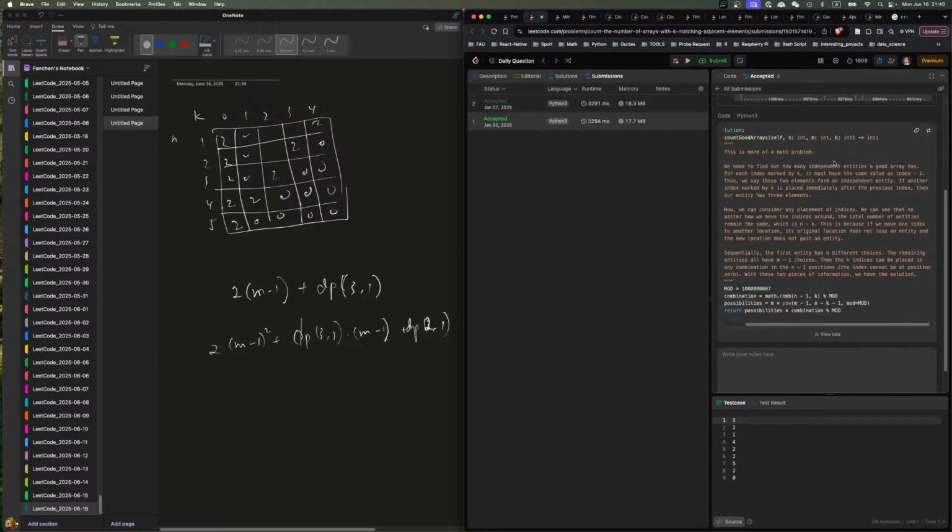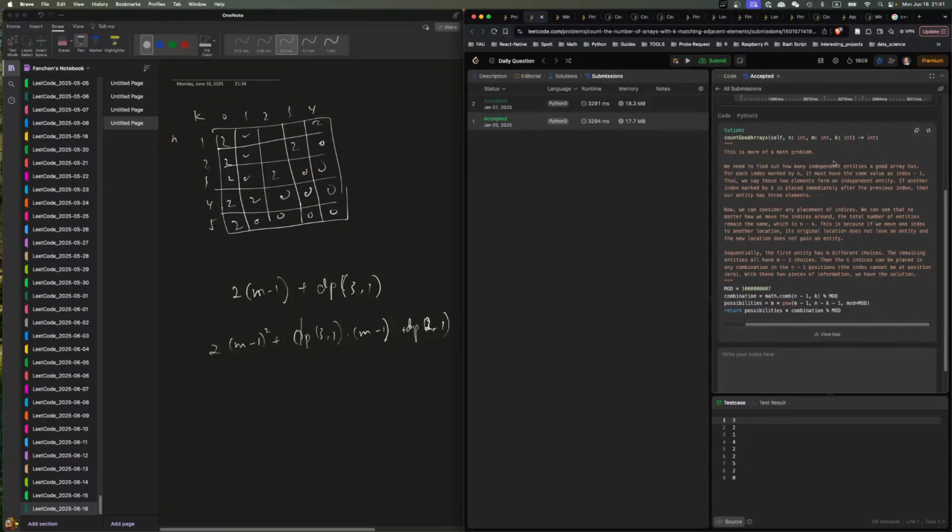Consider any placement of indices. We can see that no matter how we move the indices around, the total number of entities remains the same, which is n minus k. This is because if we move one index to another location, its original location does not lose an entity, and the new location does not gain an entity. Sequentially, the first entity has m different choices. The remaining entities have n minus 1 choices. Then the k indices can be placed in any combination in n minus 1 positions. With these two pieces of information, we have a solution. Okay, I don't understand anything that I wrote.